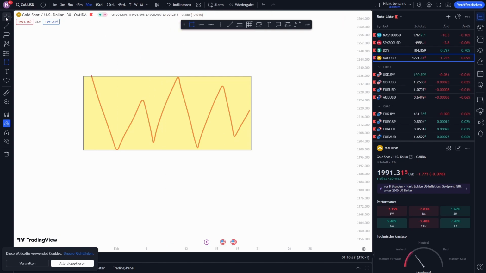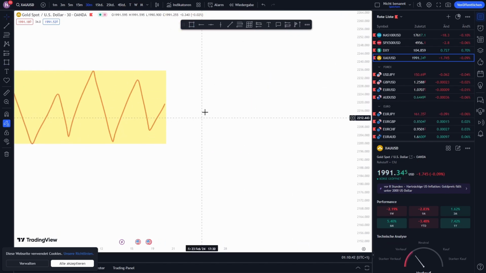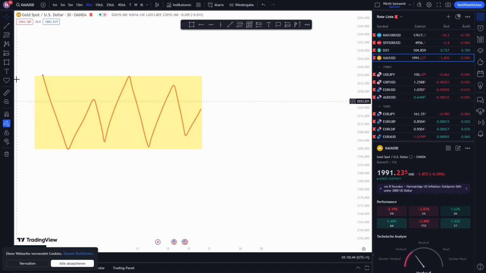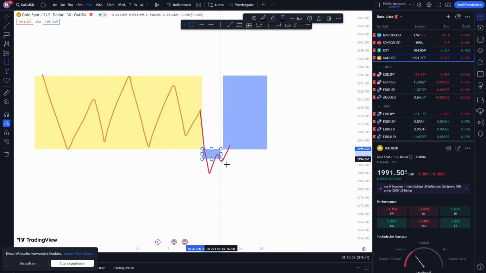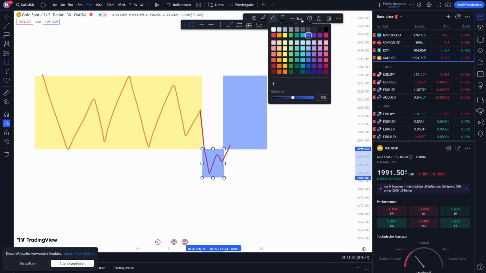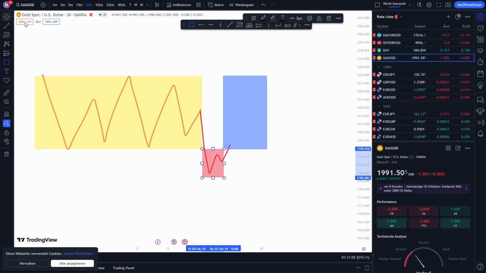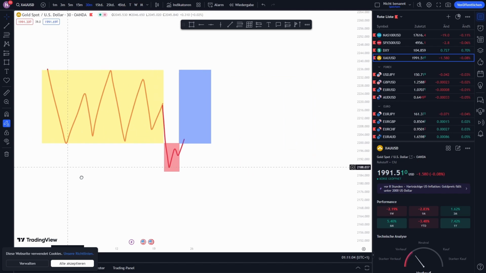You see that we have our consolidation, then we have our manipulation, and then it doesn't matter anymore. We have our distribution. It's always like this in the market. It always seeks one big liquidity, and every liquidity that we see after has to match with this overall liquidity, as you can see.